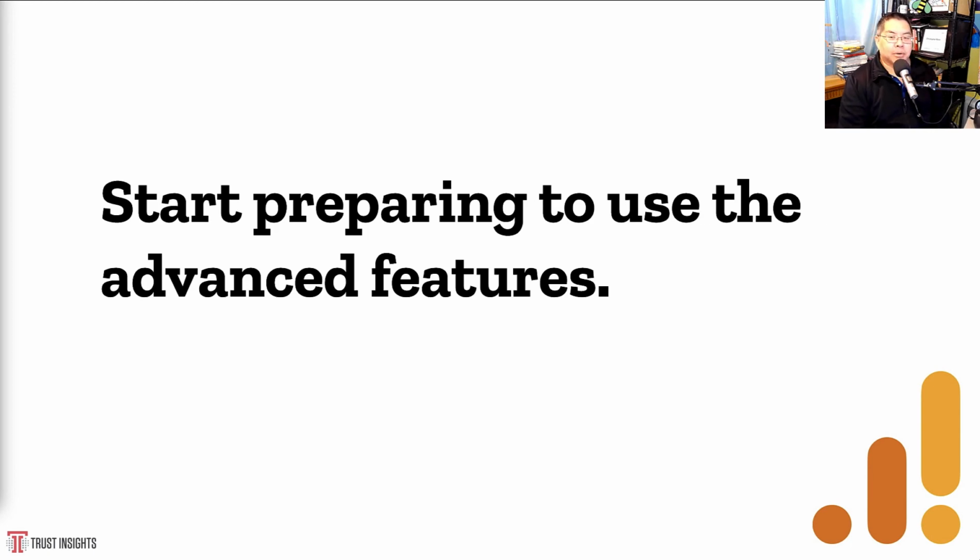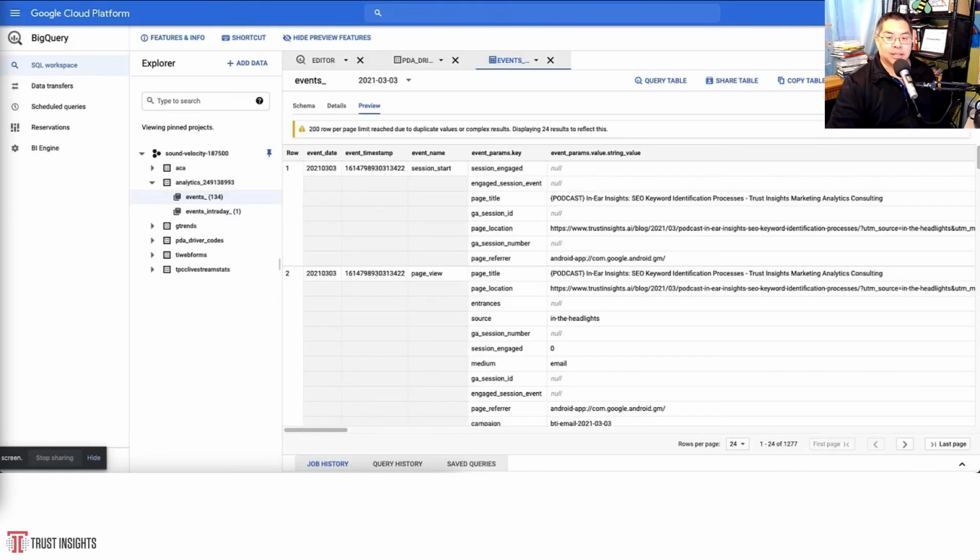Start thinking too about those advanced features. Remember, we just said that the raw data from your Google Analytics instance is available to you, right? That is a gold mine, a treasure trove. Even if you're not necessarily a programmer, a coder, or a data scientist, you probably have people in your company, on your team, or an agency or a consultant that would find a lot of value in this raw data to look at things like the channels, the pages.